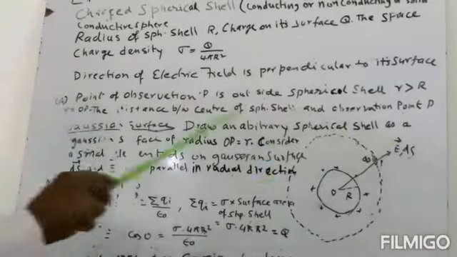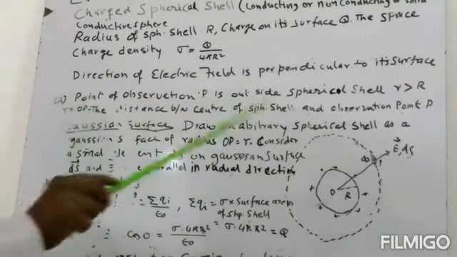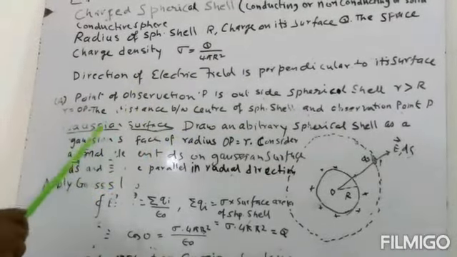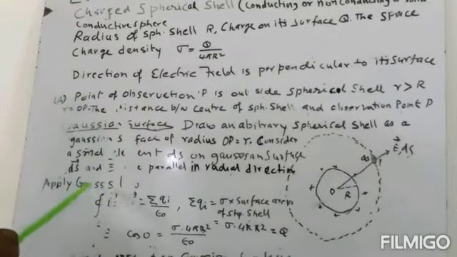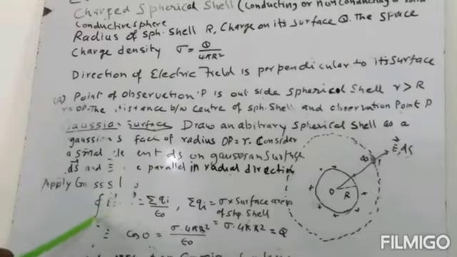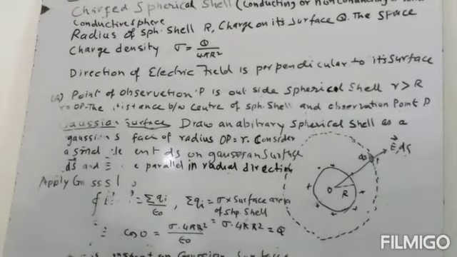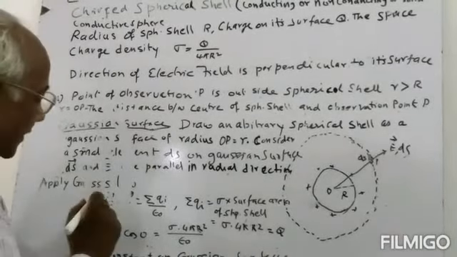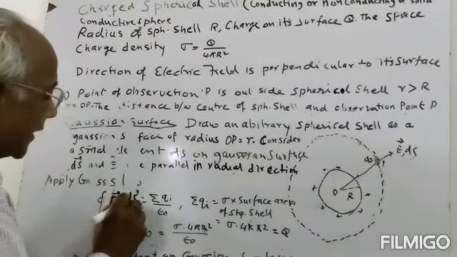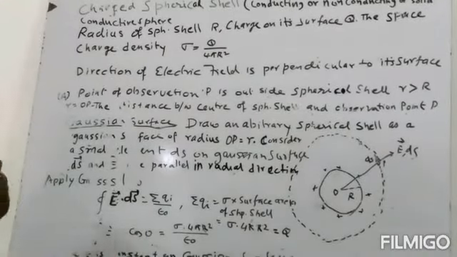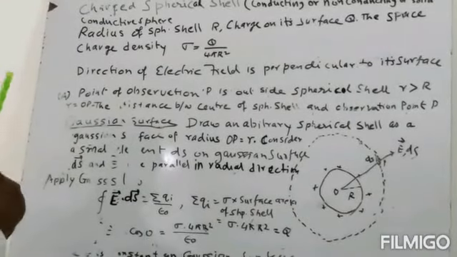Now we will apply Gauss law. According to Gauss law, the flux, the surface integral of E vector dot ds vector, is equal to summation qi divided by epsilon 0.